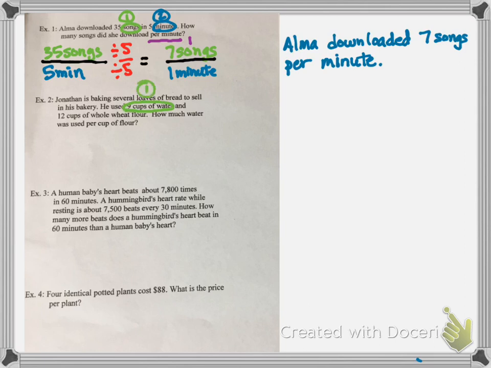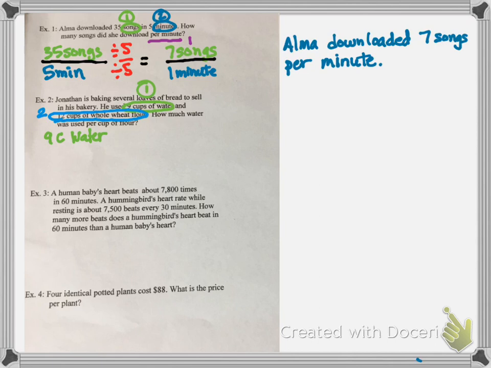What came second? That would be the cups of whole wheat flour. Okay? Now, the question doesn't ask for how much water was used per 12 cups of whole wheat flour. It wants to know how much water was used per cup, as in 1 cup. So let's set up our ratio, our rate, excuse me. We have 9 cups of water.